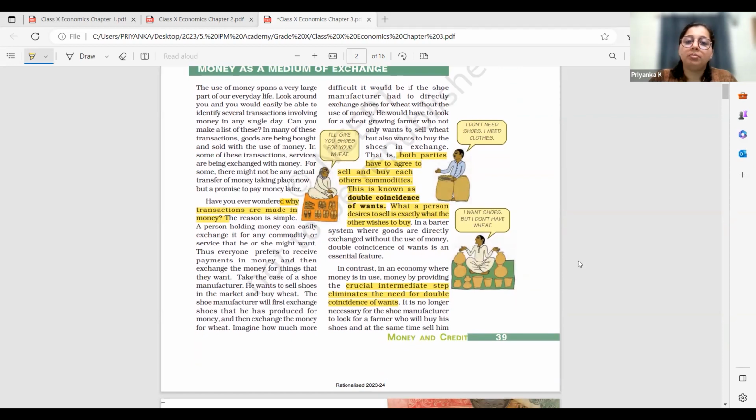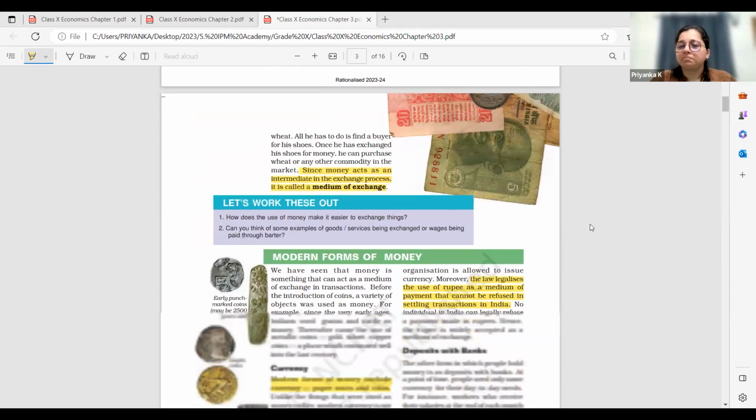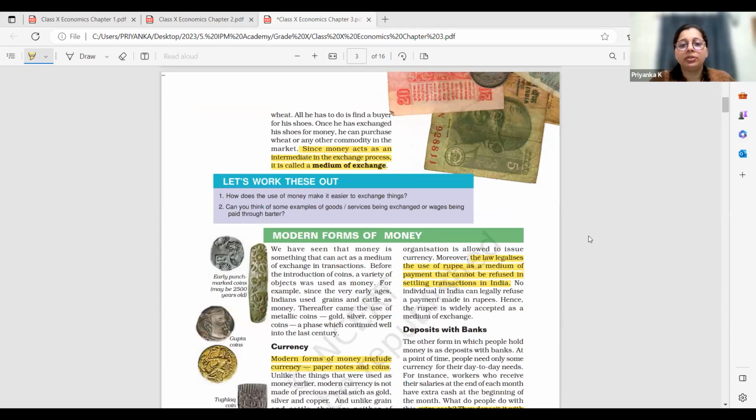So when money came in, the double coincidence of wants got eliminated, and there is a transparency or equality in the level of buying and selling happening in the society. Money is called a medium of exchange because it acts as an intermediate to the exchange process. So there is an equality in the exchange process. When I am buying something, I am paying the amount that is actually required for that particular product or service.